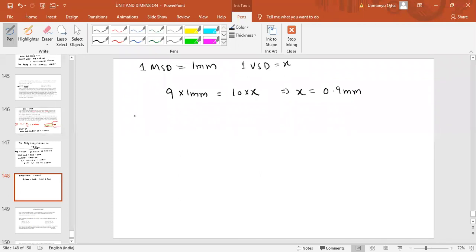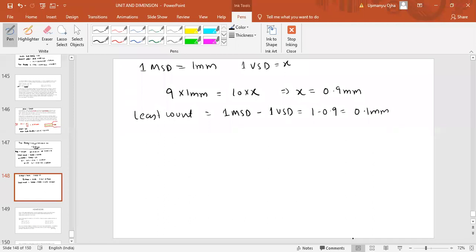So from here, can we get the least count? The least count of the vernier scale would be equal to one main scale division minus one vernier scale division, which is 1 minus 0.9, which is 0.1 millimeter. So 0.1 millimeter is the least count.